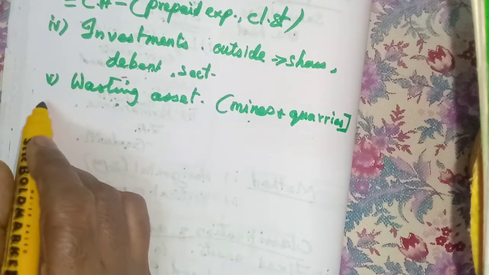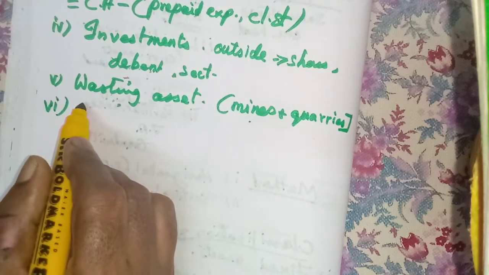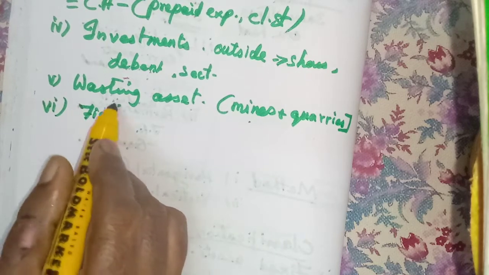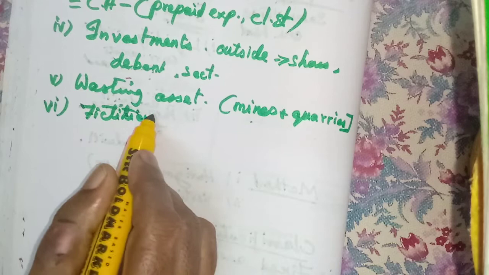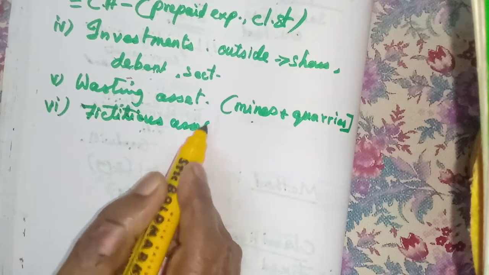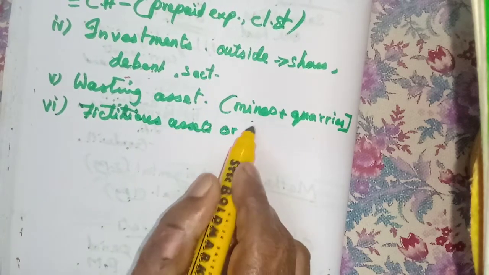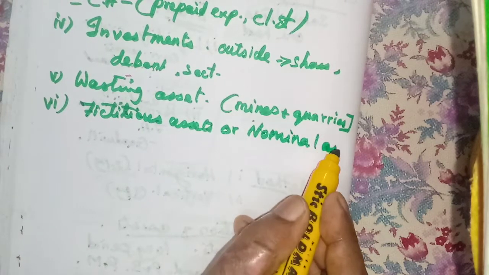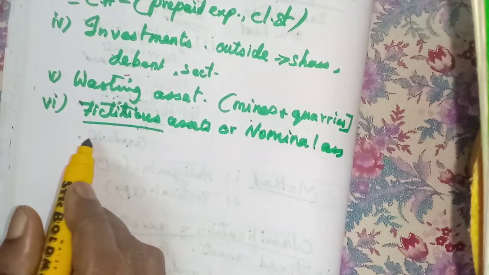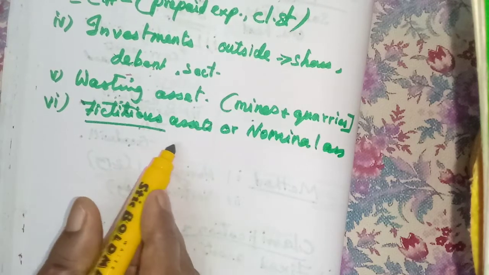The another asset: fictitious assets or nominal assets. Here there is no asset as such. We cannot show this as an asset.